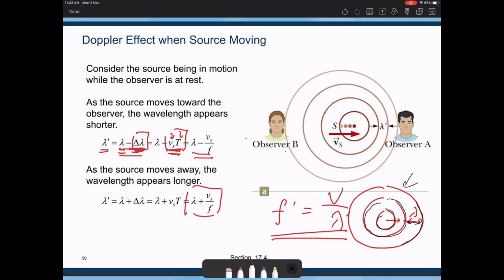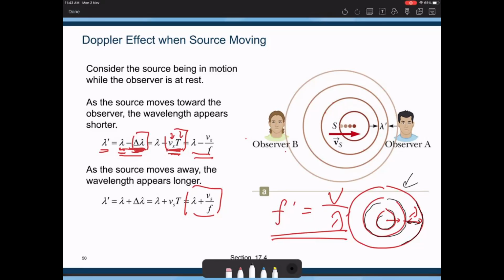So if you have the source that is not moving, the wavefronts would be spreading out in the shape of spheres. And each sphere is separated from the adjacent spheres by a distance of lambda. Of course, we are looking in a two-dimensional way, so we are looking at some circles.